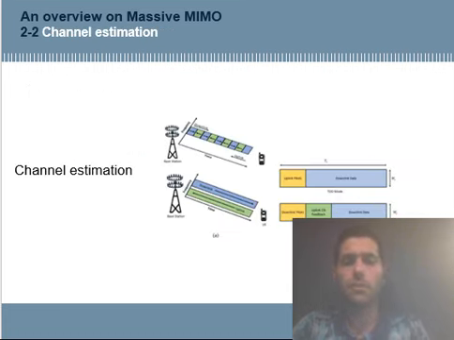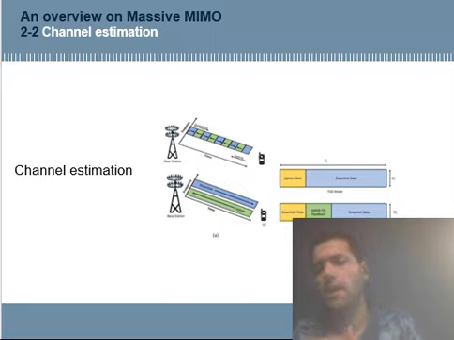The other challenge is channel estimation. For signal detection and decoding, massive MIMO relies on channel state information (CSI).